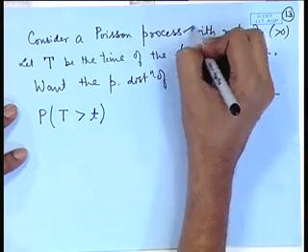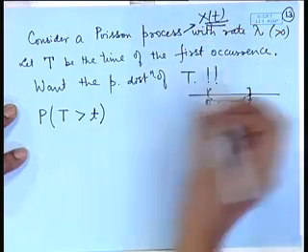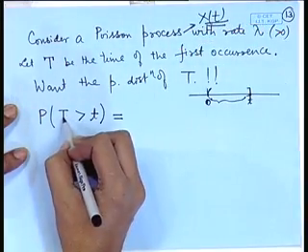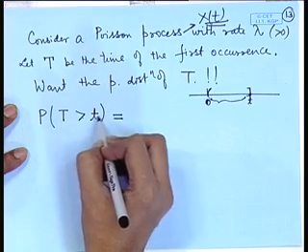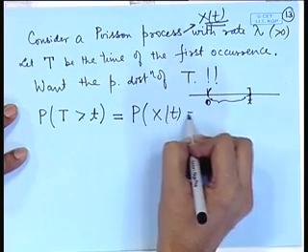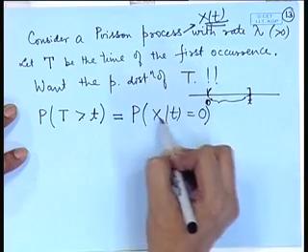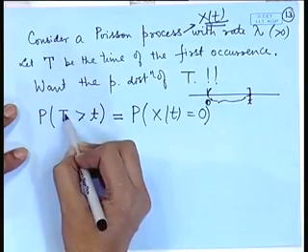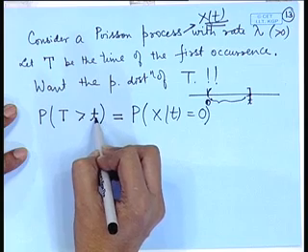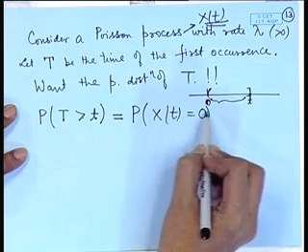So, if we are considering this Poisson process as X t, then the event capital T greater than small t is equivalent to the event that X t is equal to 0. Because if there is no occurrence in the interval 0 to t, then capital T is definitely going to be greater than small t and vice versa. So, these two events are the same.